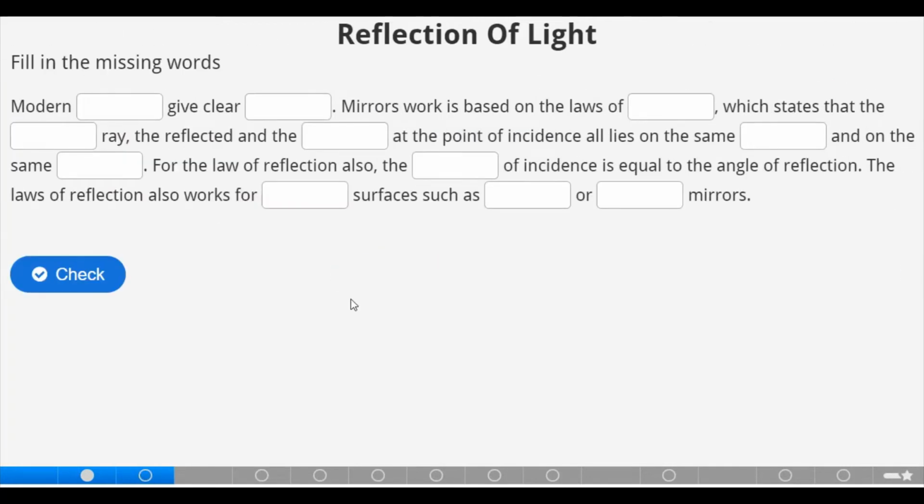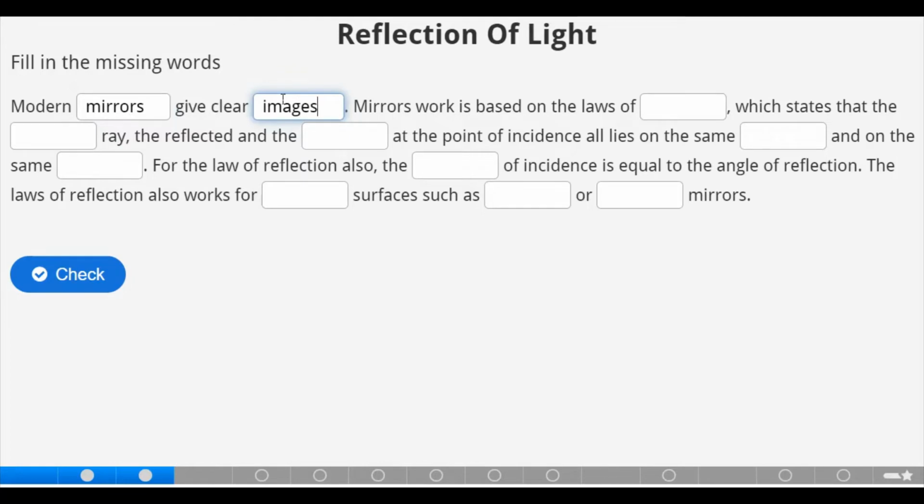Reflection of light. We are also to deal with the missing words. We are to fill them in. Modern mirrors give clear images.